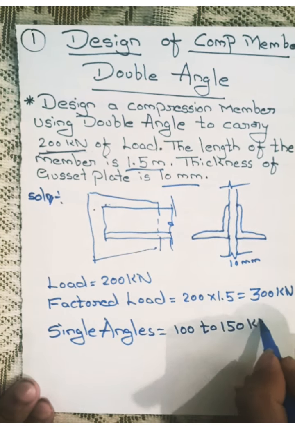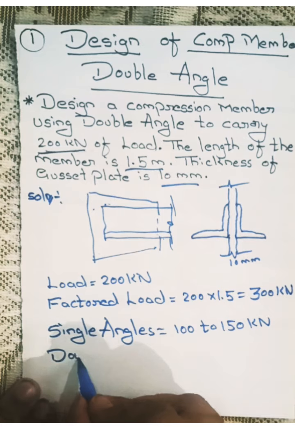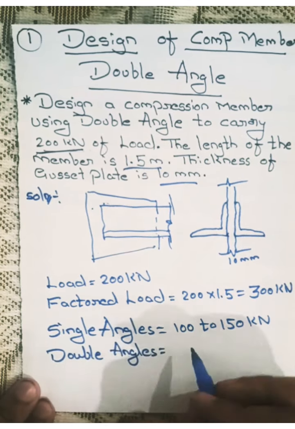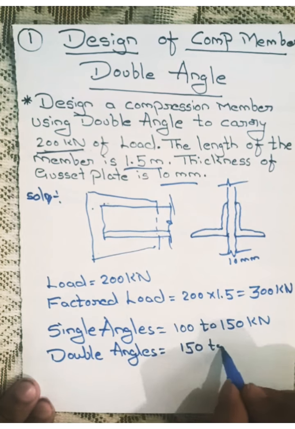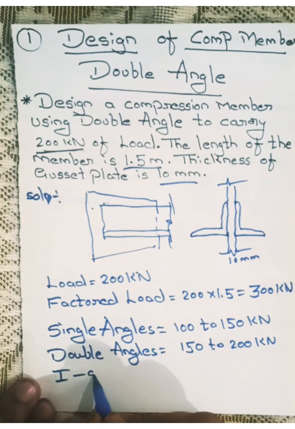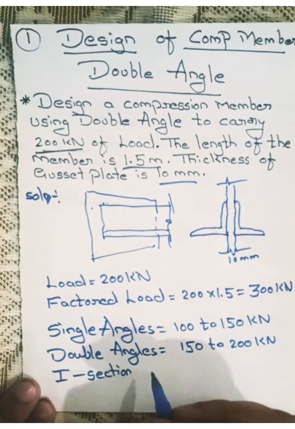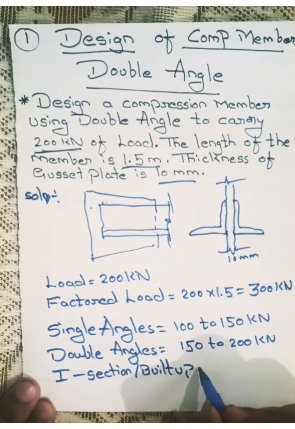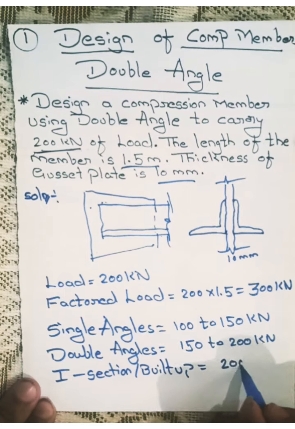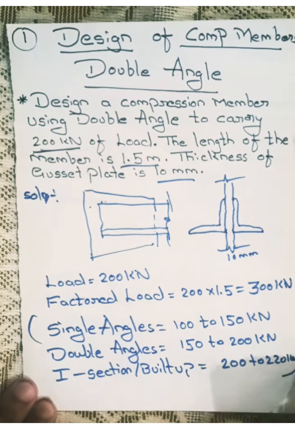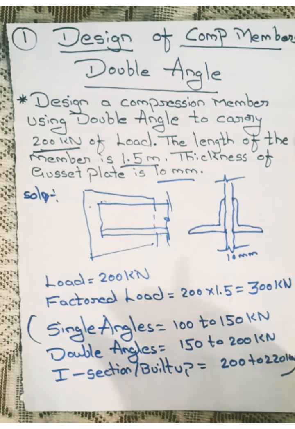For double angles, you can assume it anywhere between 150 to 200. For I sections where the load is very heavy, or built up sections, we can assume anywhere between 200 to 220. So this you have to remember. It all depends upon how much load is coming and the experience.